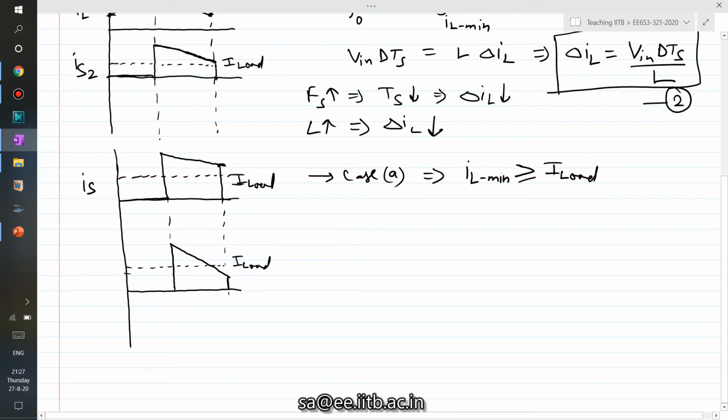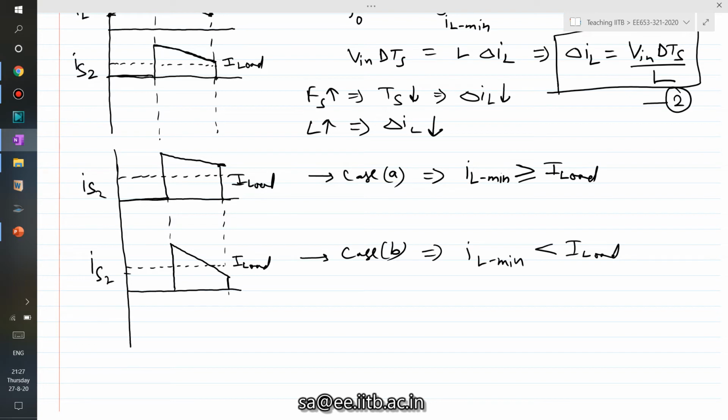This is your average current. In this case, let us call this case B. What is case B? That IL min is less than I load. These are the two possible scenarios which can happen.